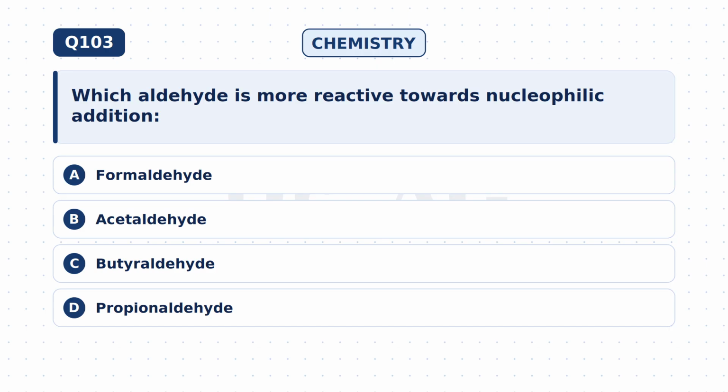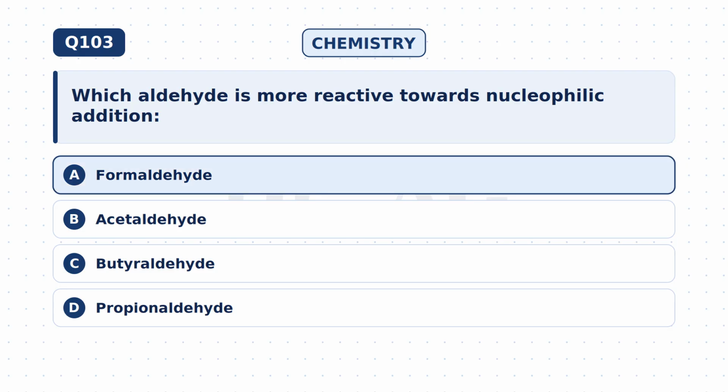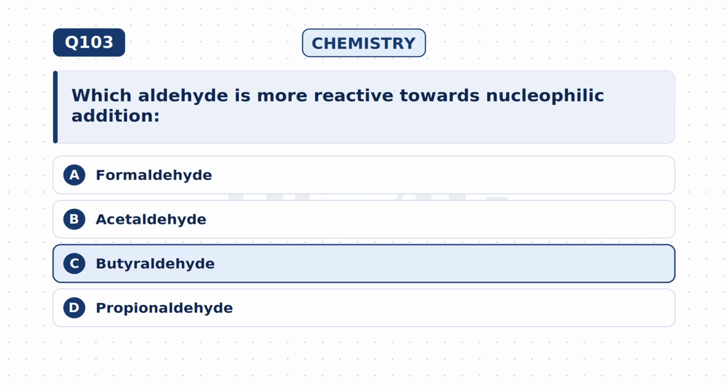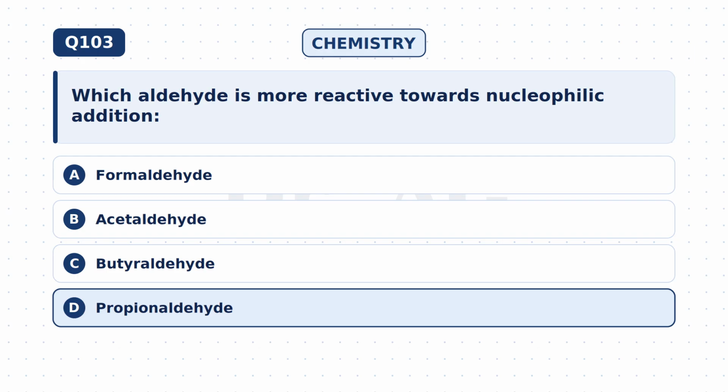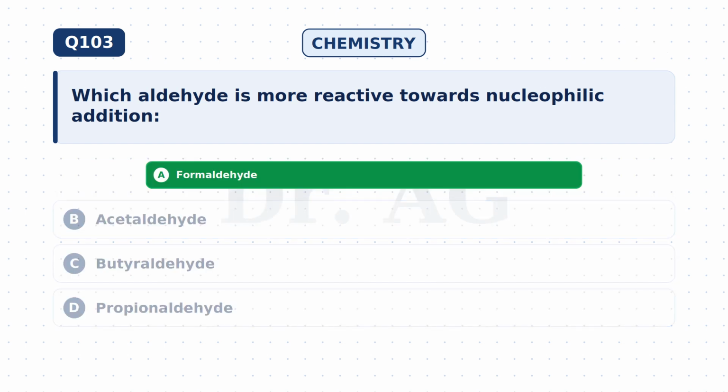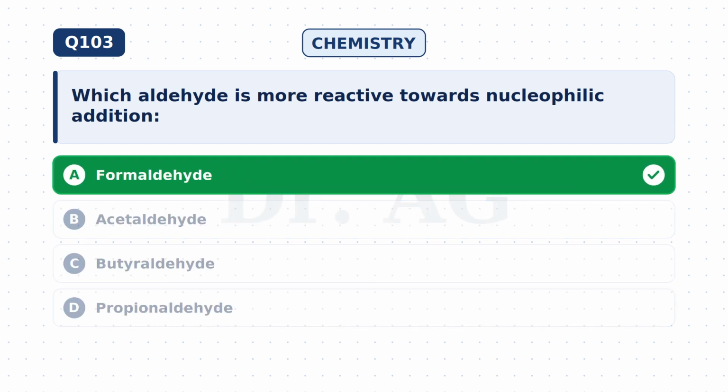Which aldehyde is more reactive towards nucleophilic addition? Option A, formaldehyde. Option B, acetaldehyde. Option C, butyraldehyde. Option D, propionaldehyde. The correct answer is A, formaldehyde.